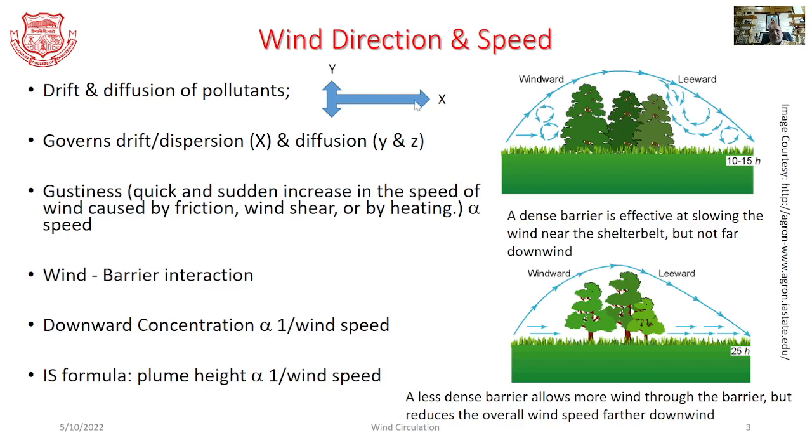It will be dispersed in the direction of x in the horizontal plane. Whereas the horizontal lateral direction, which is normal to this x direction, is y, and hence it is said to have diffusion in the y direction as well as vertically above and below in the z direction, depending on the placement of the source.